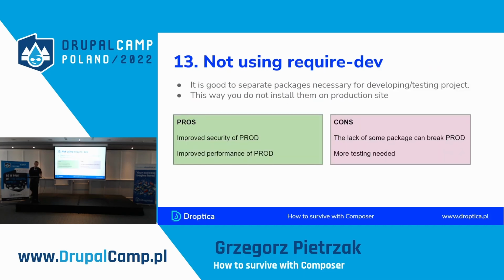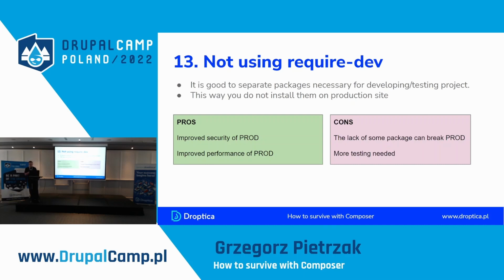Another thing is not using require-dev. It's always a good idea to separate your packages into production ones and development or testing ones. So in your development environment, you get all of them. In your production, you get only production packages.